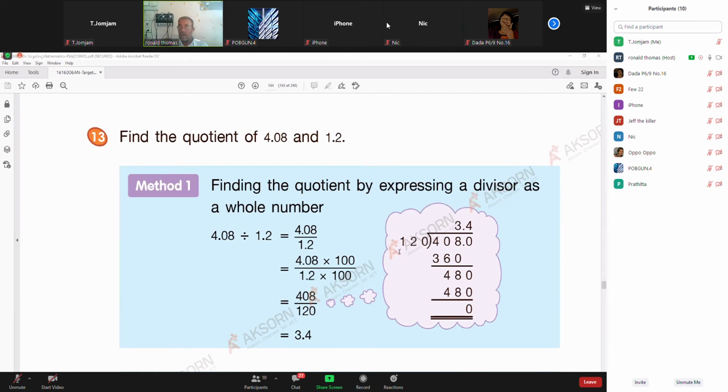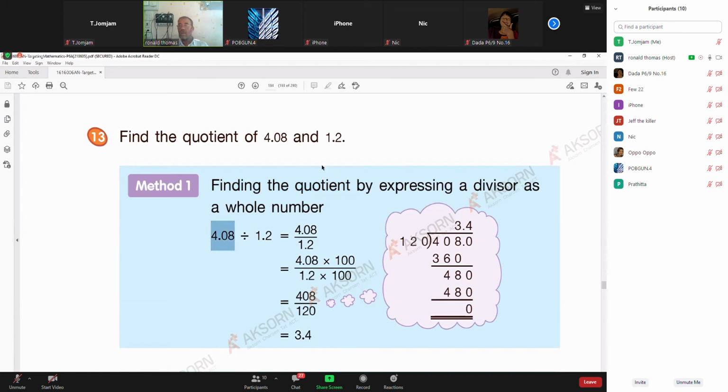We take away the decimal point, it becomes not 4.08, it becomes 408. Divided by 120, we get our answer 3.4. Take the divisor away by a whole number.